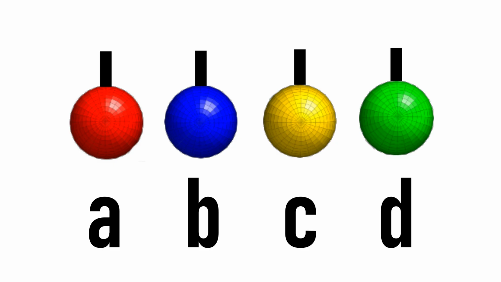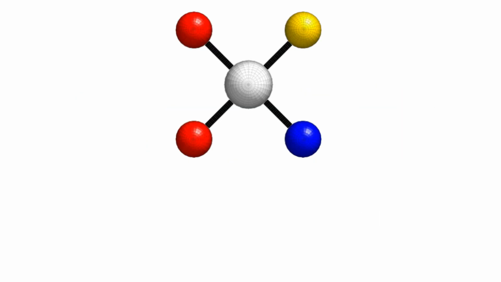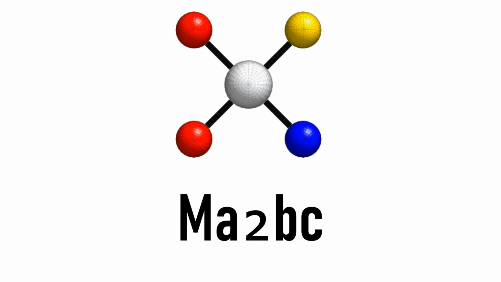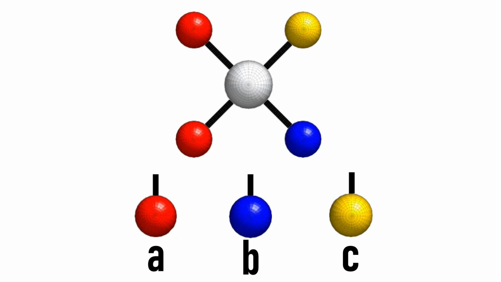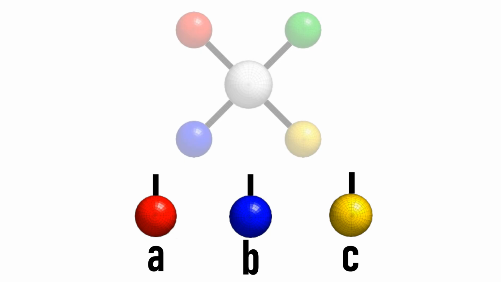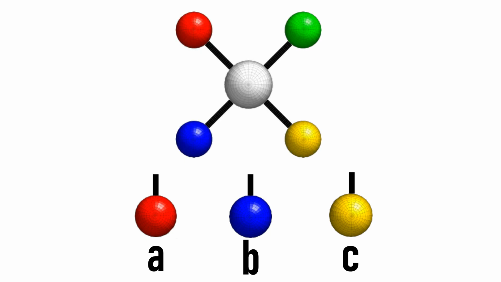The ligand with the highest count is always labeled A, the next highest is B, and so forth. For instance, a square planar complex with 2 identical ligands and 2 different ones is categorized as Ma2BC. In our visual example, all A ligands are colored red, the B ligand is blue, and the C ligand is yellow. If all 4 monodentate ligands are distinct, the formula is simply MABCD, with D in green.